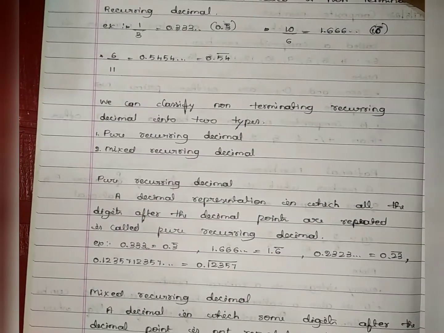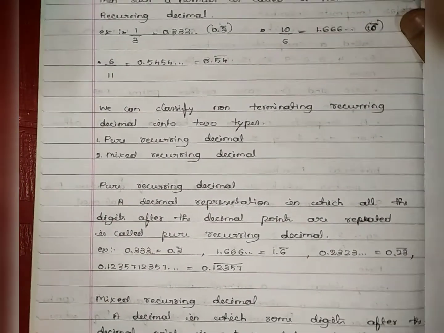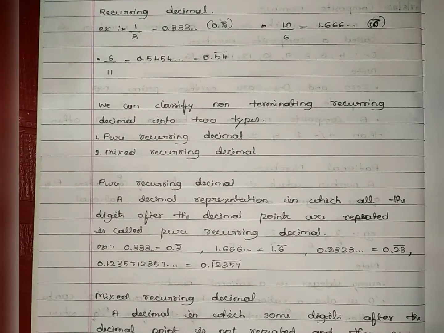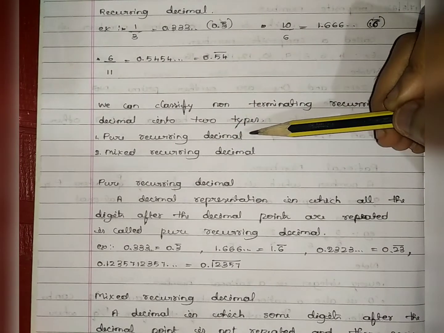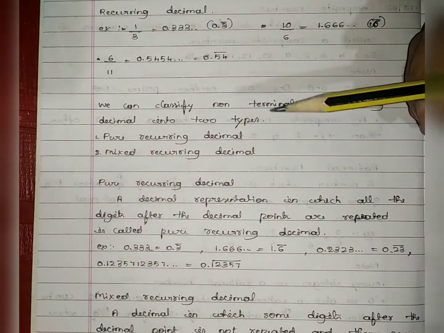We can classify non-terminating recurring decimals into two types: pure recurring decimal and mixed recurring decimal.